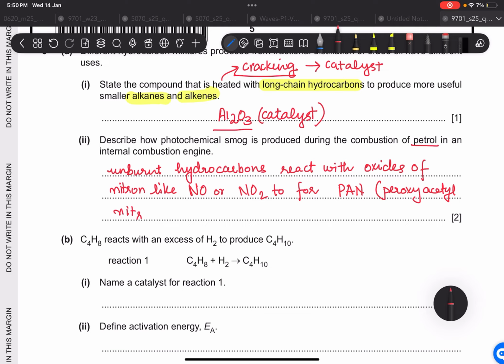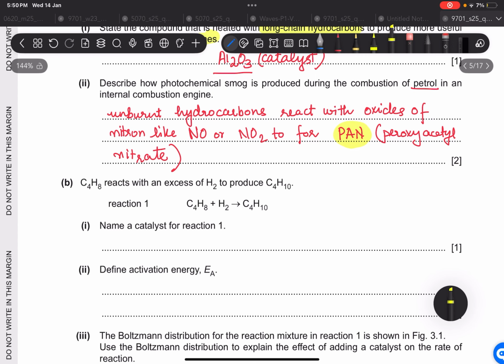That's a component of your photochemical smog. So this chemical basically causes your photochemical smog in the presence of sunlight, you can also tell this.